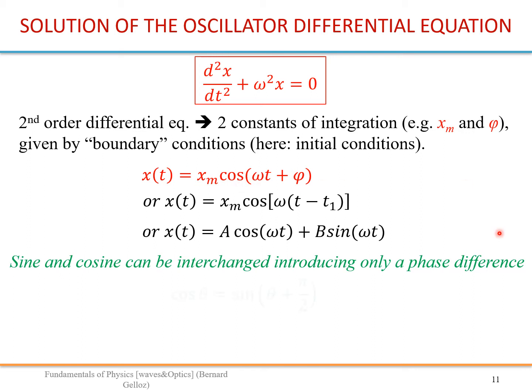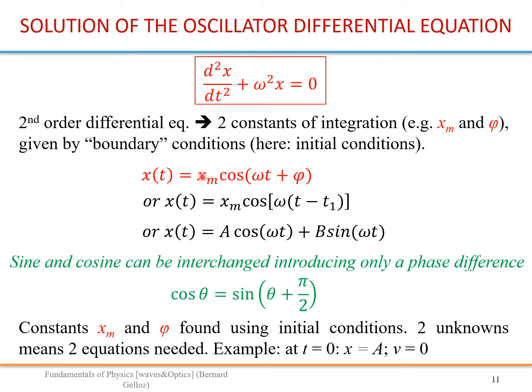For example, cosine theta equals sine of theta plus pi over 2. So if you have a sine of omega t plus pi over 2, you could write it just as a cosine of omega t. Okay, so I'm going to discuss how to change from a cosine to a sine in the next slide.